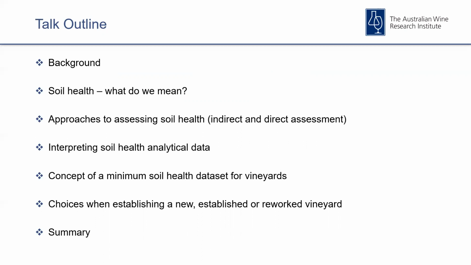Look at how we then go about interpreting soil health analytical data, introduce to you the concept of a minimum soil health data set for vineyards, and look at the choices we have when establishing either new, established, or reworking vineyards, and then summarise. Bob's only available for the next 30 minutes, so I'm going to bring him in a little earlier, about halfway through the presentation, if you're wondering where Bob comes in.